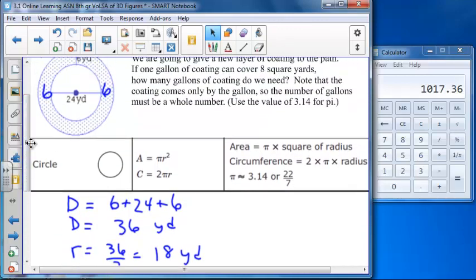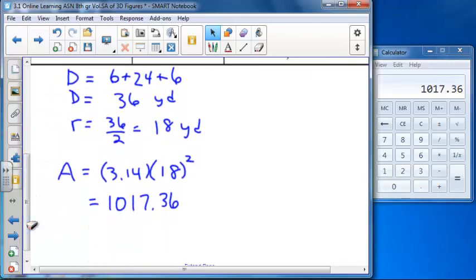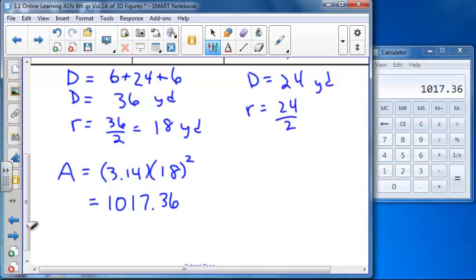Recall, the diameter of the smaller circle is 24 yards. We'll need the radius. The radius again can be found by dividing the diameter by 2. We'll use a radius of 12 yards for the smaller circle. We'll use 3.14 for pi. The radius is 12.